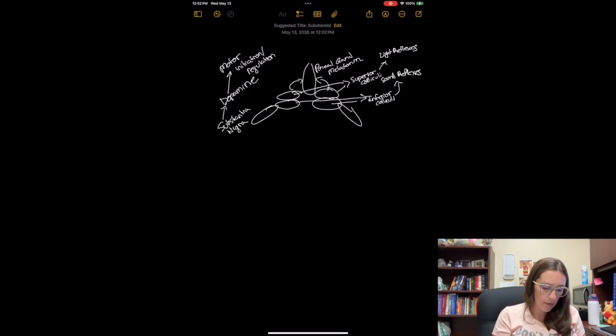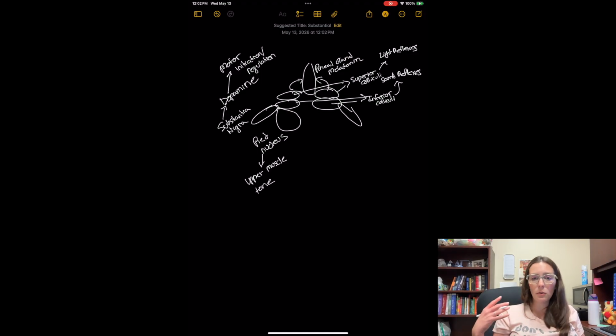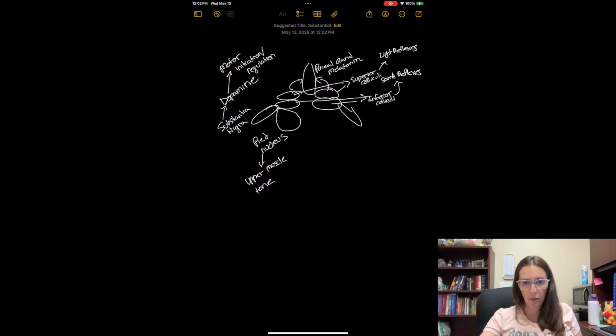Sitting next to it, we have our red nucleus. And the red nucleus is going to be like upper body muscle tone. And by muscle tone, I mean you have that structure of your muscle, right? If you have chiseled abs, you've got strong shoulders, right?